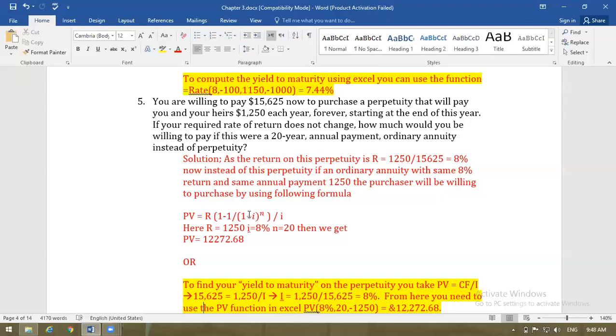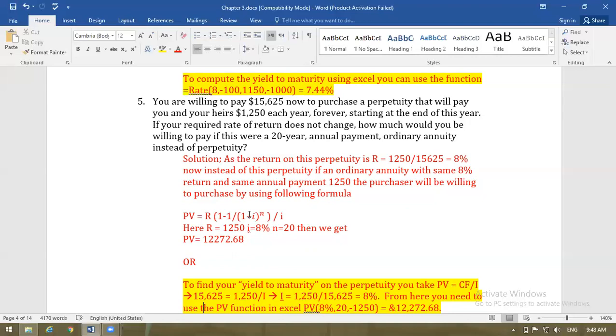Now instead of this perpetuity, if it is an ordinary annuity with the same 8% return and the same annual payment 1250, the purchaser will be willing to pay the price by using the following formula. This ordinary annuity formula is similar to the fixed payment loan.